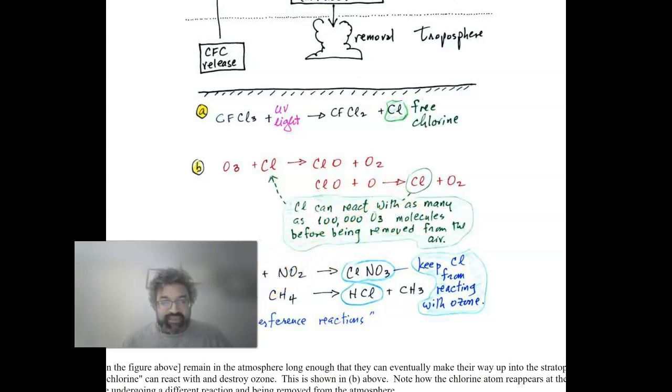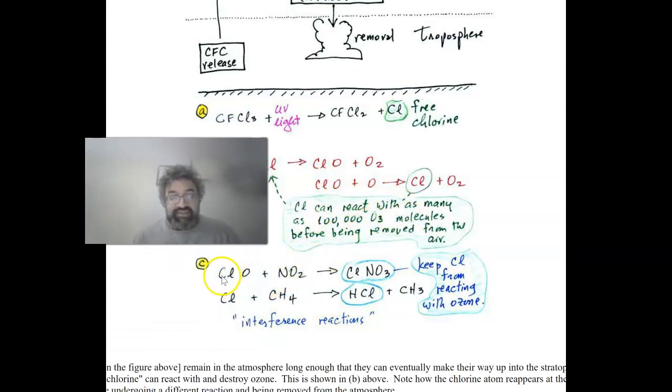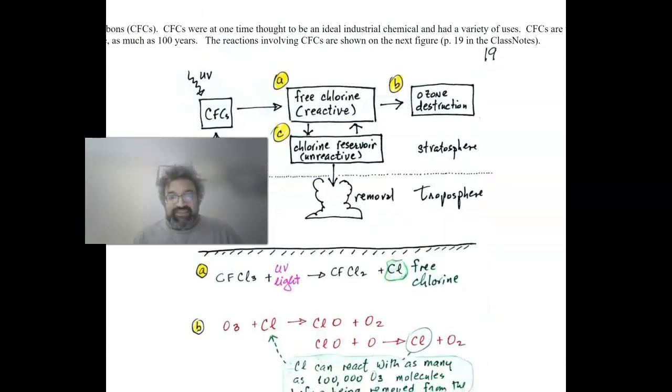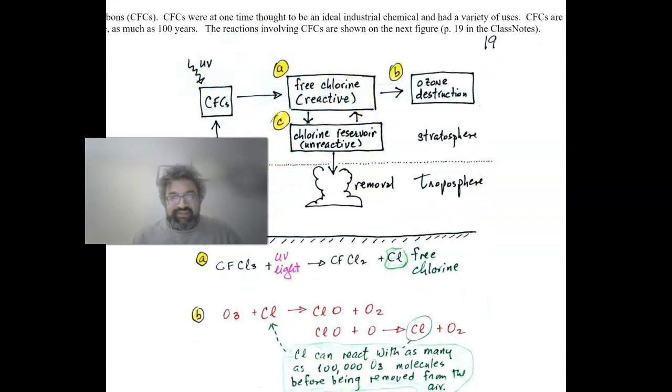And then in the C reaction, the way it's set up is that A, B, and C I'm describing here. So going from CFCs to free chlorine, this is what's happening. CFC plus UV light goes to CFCl2 and then free chlorine gas.